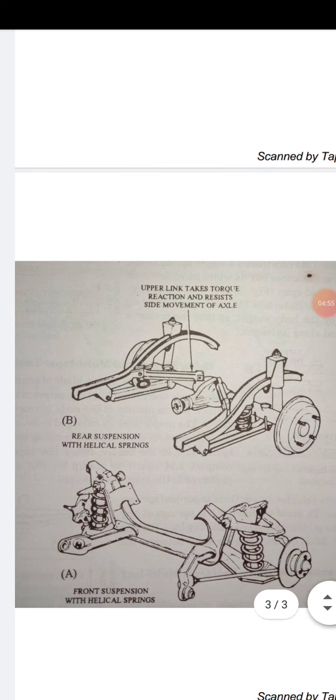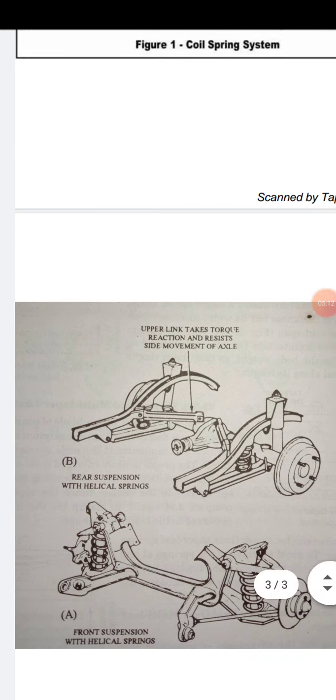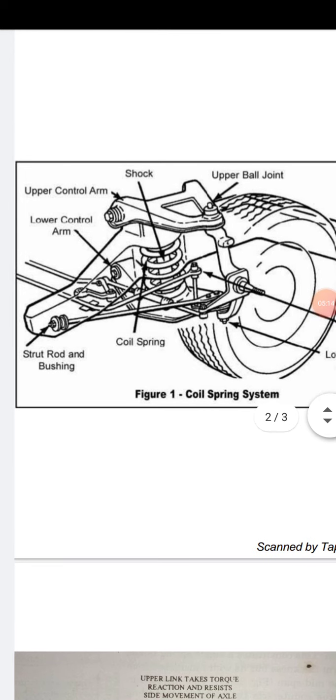Here you can see two suspension systems with coil spring. One is for the rear suspension system, another is for the front suspension system. It is also a front suspension system.